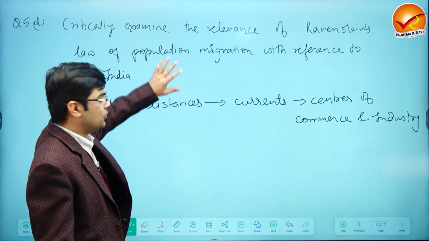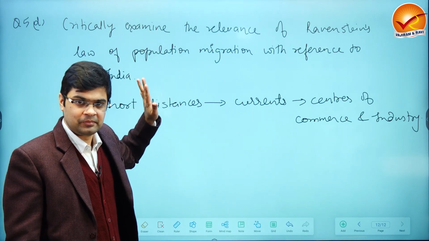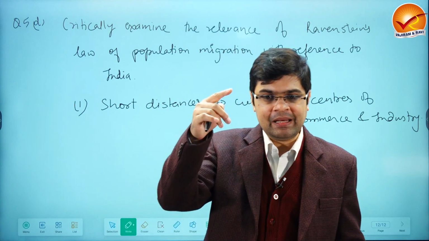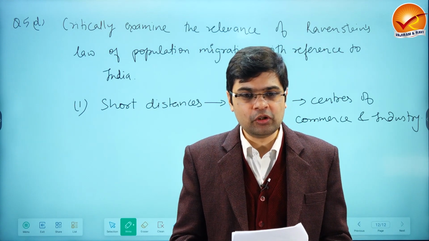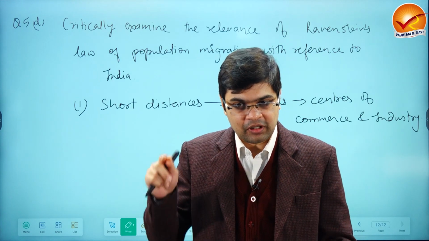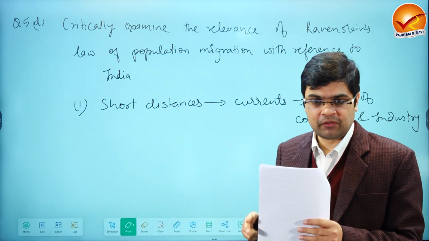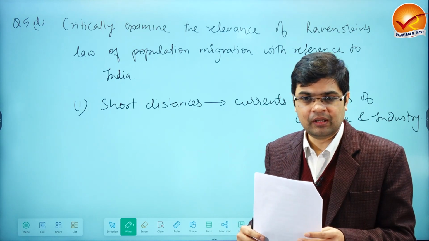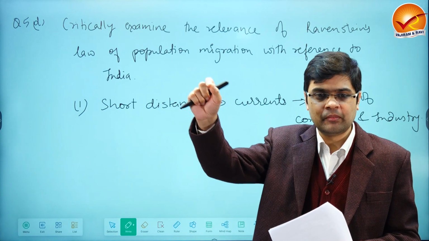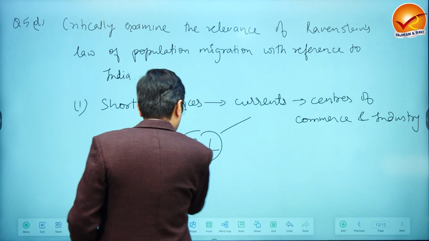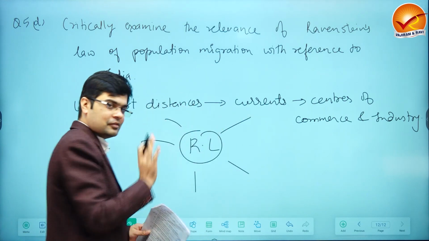Look, in this question you don't have much space. If you keep on explaining Ravenstein's laws, then you won't be able to address the question. You just have to directly come to the question. If you want to explain Ravenstein, not more than in schematic form: Ravenstein's laws, 7-8 laws, and then 1, 2, 3, 4, 5 like this.